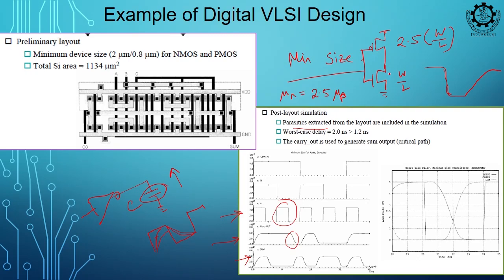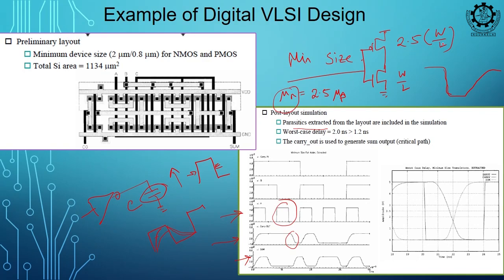Because current in NMOS is more, but current in PMOS is less if you keep the same size, because mu p is much less than mu n. Clear?